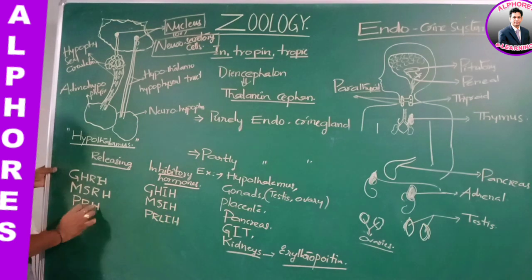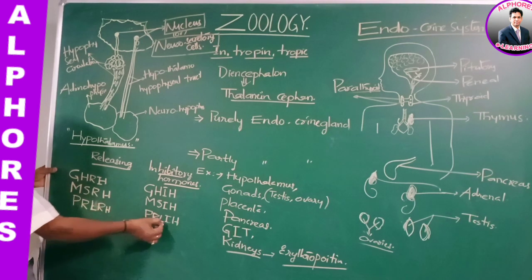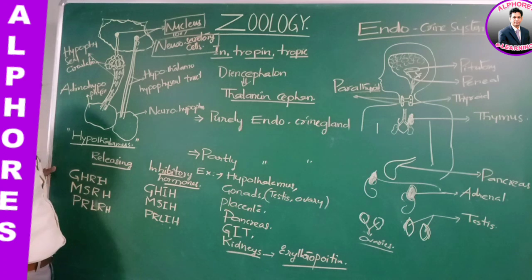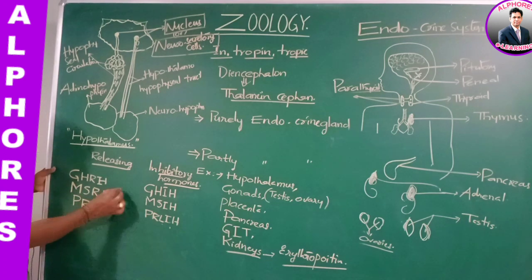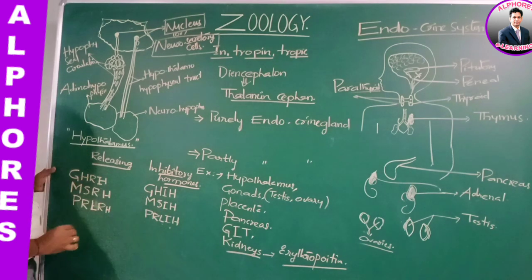It can be said PRLRH, prolactin releasing hormone, and prolactin inhibitory hormone. So these become the six. There are nine hormones we say.